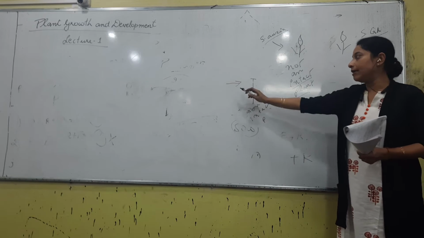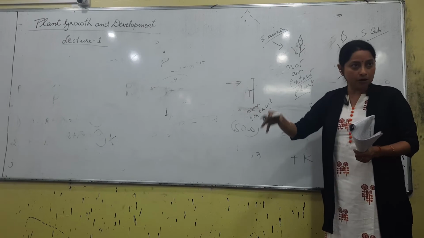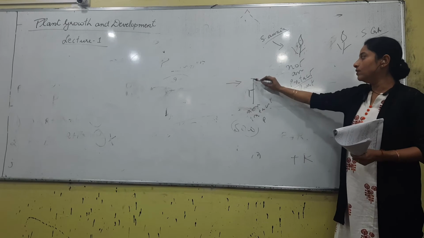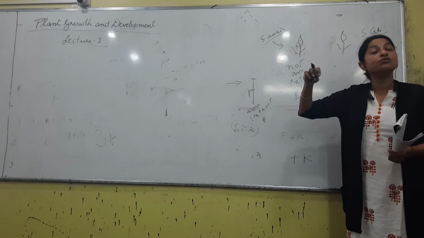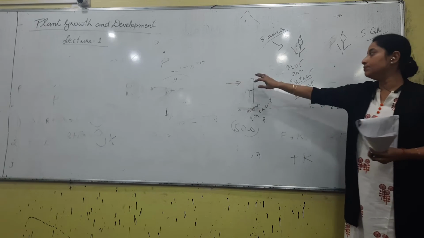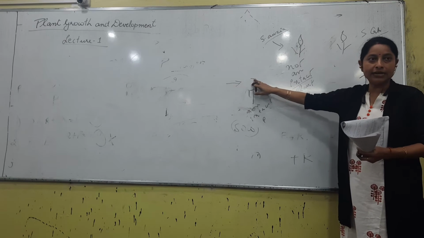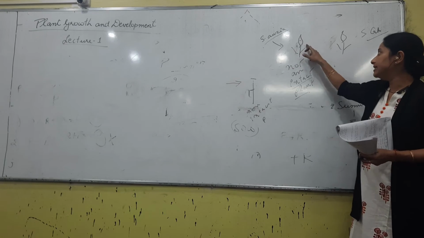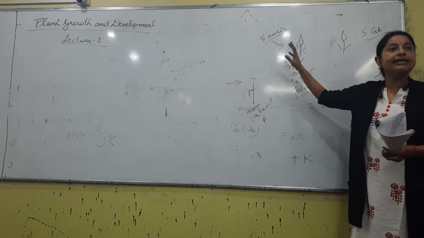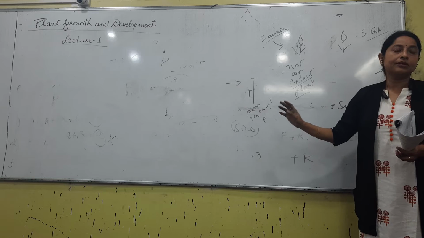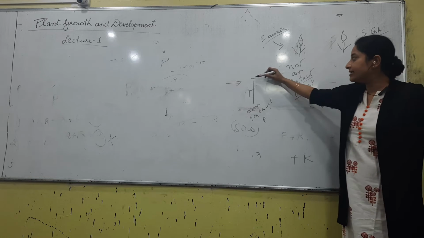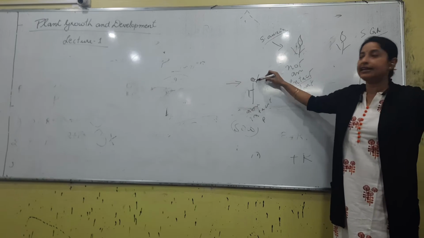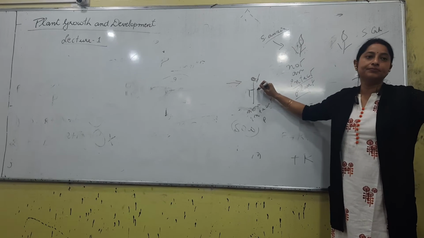So if you have to apply hormones from outside, especially auxin, you always have to remove the original source of auxin. You have to remove the root tip and shoot tip, then only the outside hormone will work. If you apply it from outside without removing them, it won't work. Understood? Why? Because it has enough in its tip. You have to remove the natural source, then only the artificial will work.